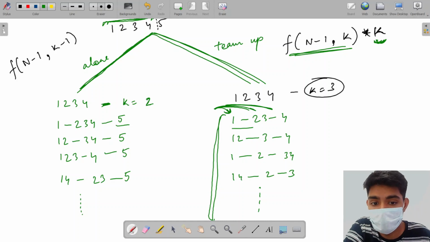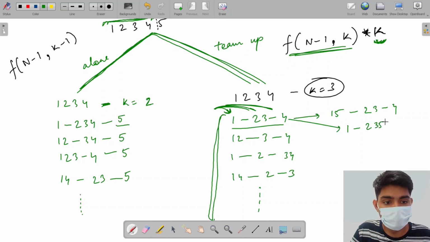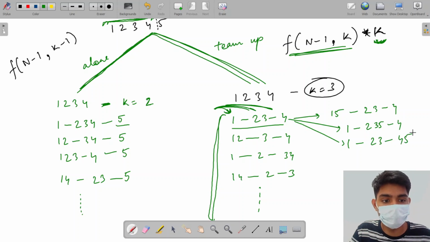So from every single one, I would get 1, 5 or 2, 3, 5, right? For this one only, I would get 1, 5, 2, 3 and 4, or 1, 2, 3, 5 and 4, or 1, 2, 3 and 4, 5, right?